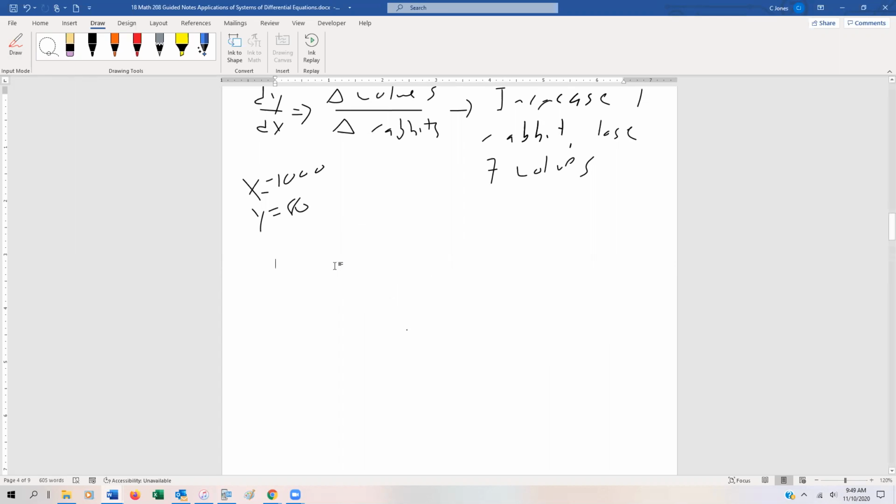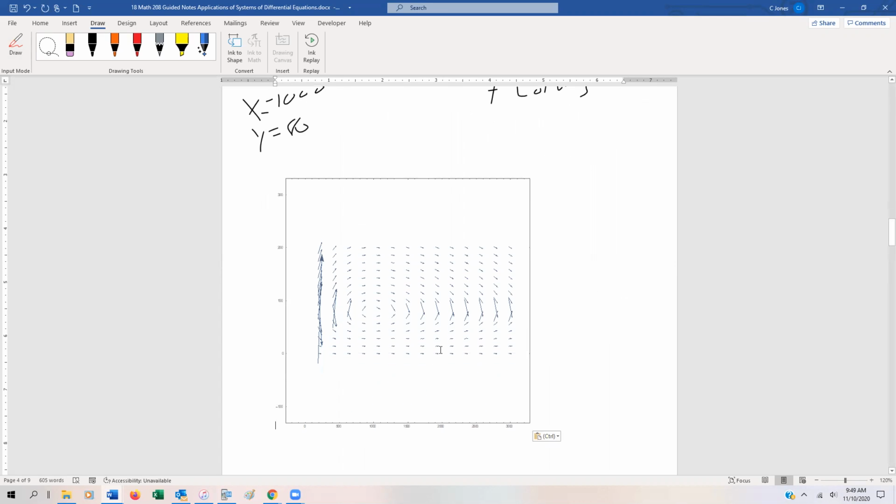And this is what I got when I plotted it in Mathematica. So here's our phase plane, and you can notice right around the point 1000 comma 80, there's like this sink, if you would, like a hole. That's what a lot of these Lotka-Volterra equations do, they produce this circular sort of behavior right around the equilibrium point. So pretty cool that you can actually see the equilibrium point.